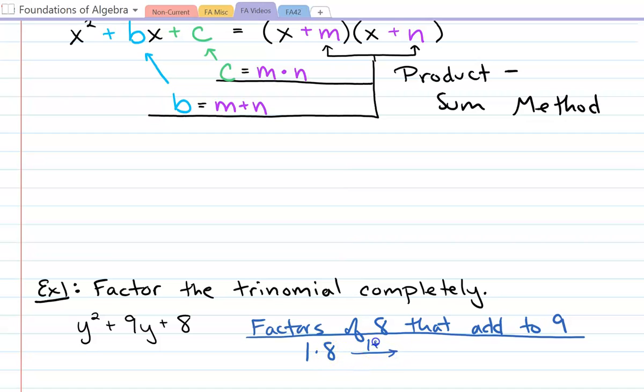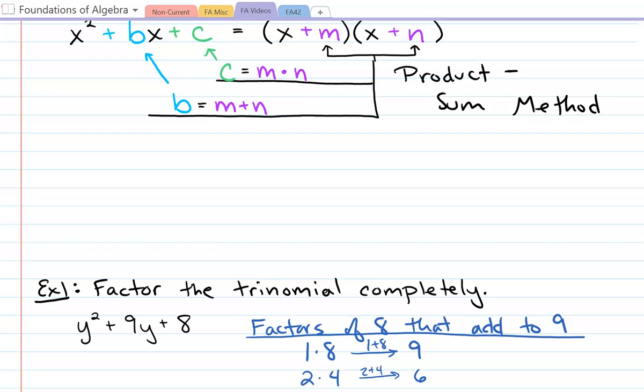We add those, that's 1 plus 8, which is indeed 9. So the two numbers that we need are 1 and 8. Notice that if we do 2 times 4, which is also 8, if we add those together, we get 6. So there's only ever going to be one pair of factors that will work in the form.